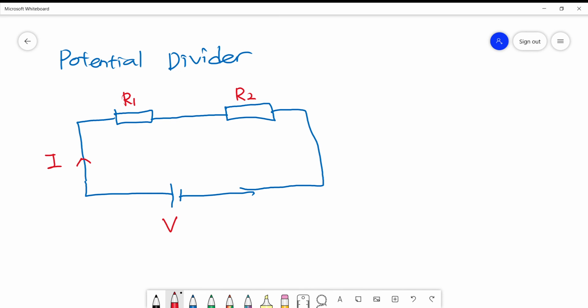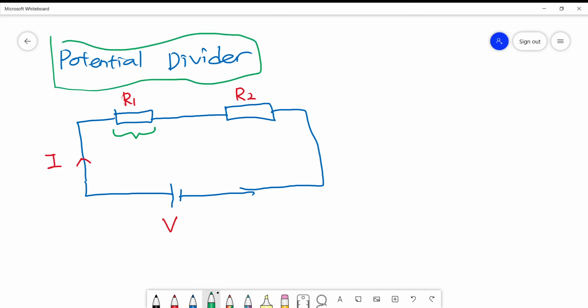Let's say I wish to find out the potential difference across resistor 1. In order to find out the potential difference across the first resistor, what we need to use is actually the concept of potential divider. So we're going to see how we can derive the potential difference across the first resistor.